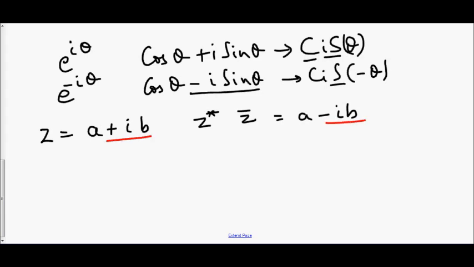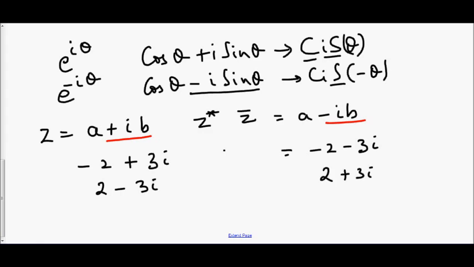So even if you have something like minus 2 plus 3i, then its conjugate is minus 2 minus 3i, and if it is 2 minus 3i, then it would be 2 plus 3i. So you basically change the sign of the imaginary part. If you have, say, minus 5i plus 2, then it's not necessary that you should change the 2. You have to change it as 5i plus 2. It's always the imaginary part, wherever it is placed.